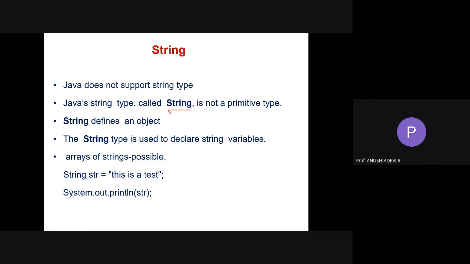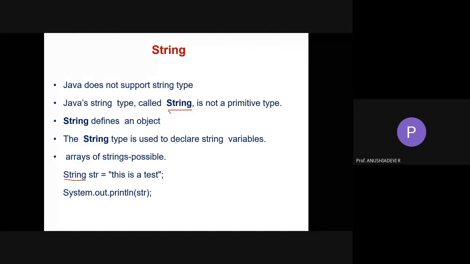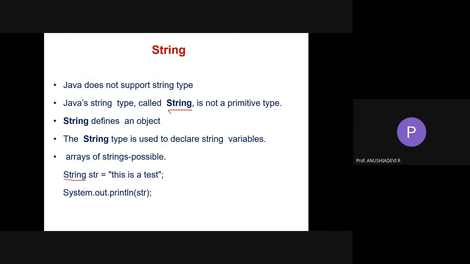String defines an object, and the string type is used to declare string variables. Here String is not a primitive data type. It is an object, as in your C++. Understood?